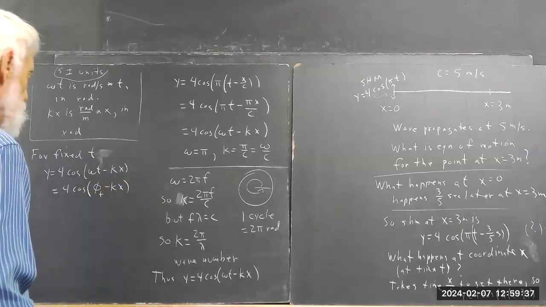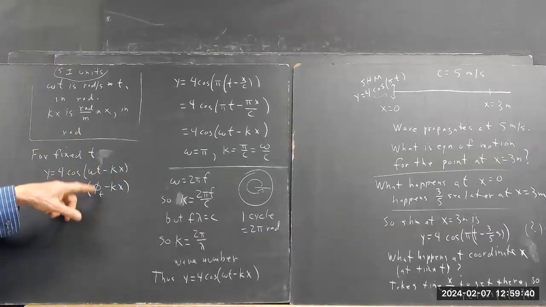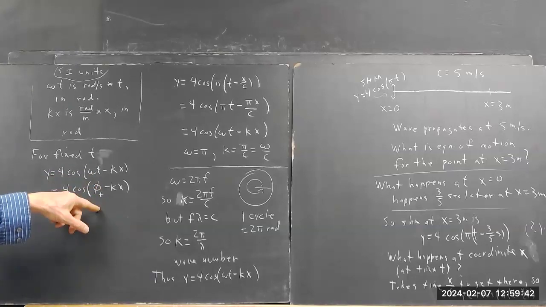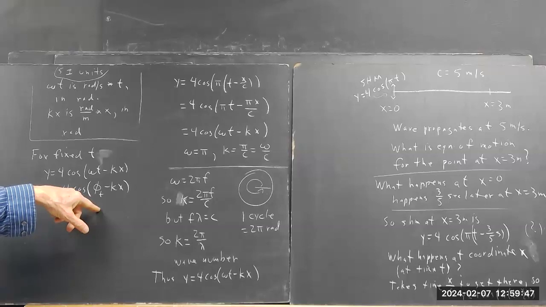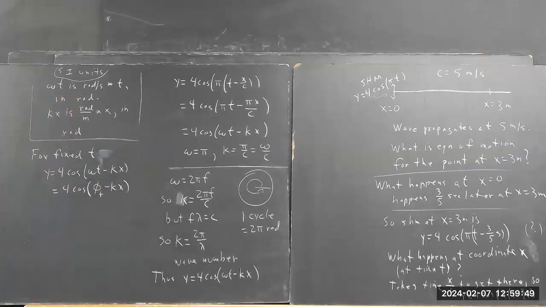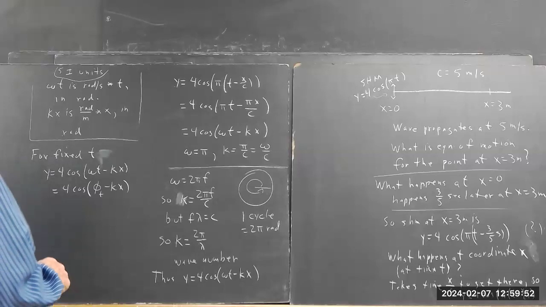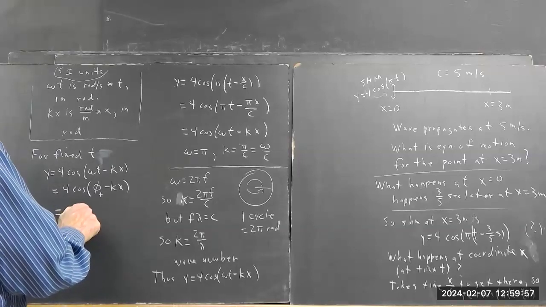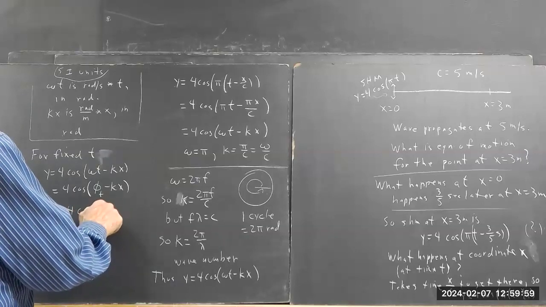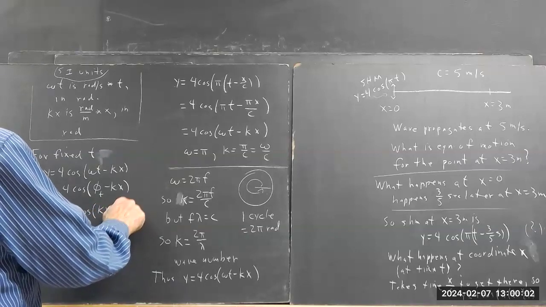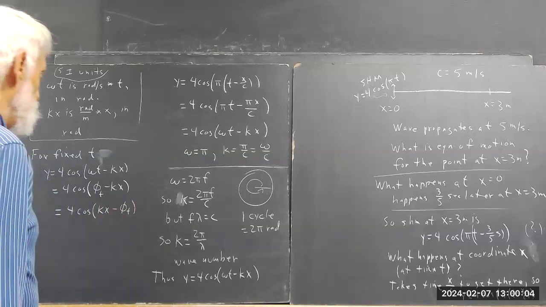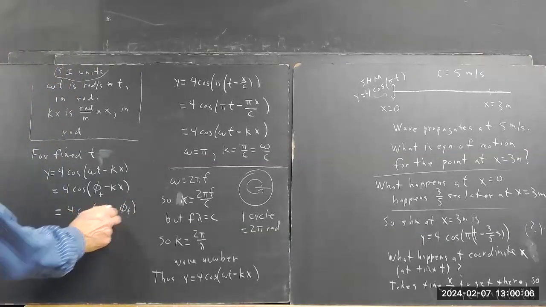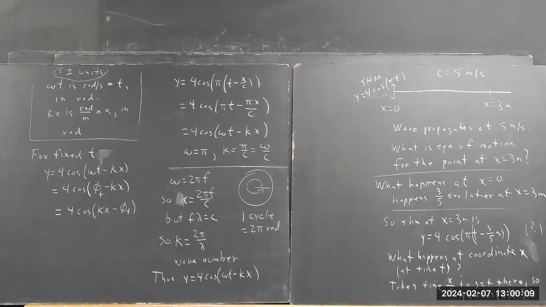I don't like the notation here, but I'm going to call omega t phi sub t, and we understand that that's fixed. It's a constant number of radians, because omega t will be in radians. Of course, that's 4 cosine of kx minus phi t, because cosine's an even function, right?